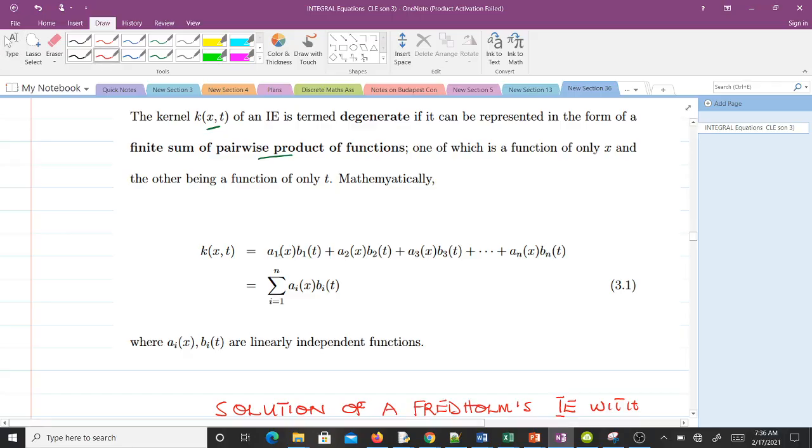Alright, so you see we have two functions multiplying each other. There's a function of only x and there's a function of only t. And you have a finite sum, from 1 to n.